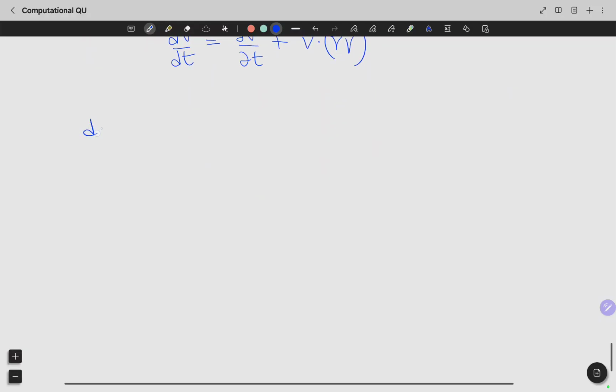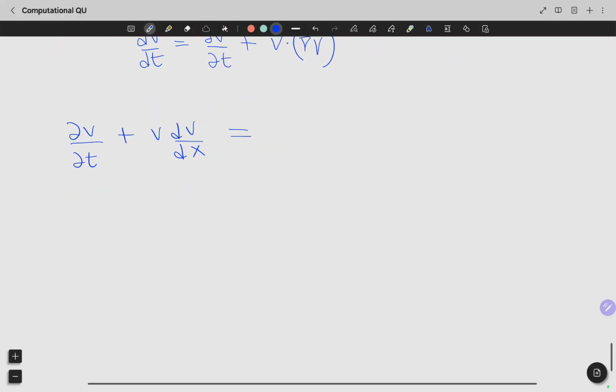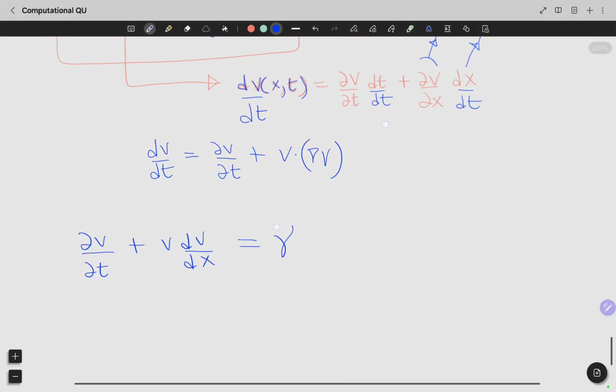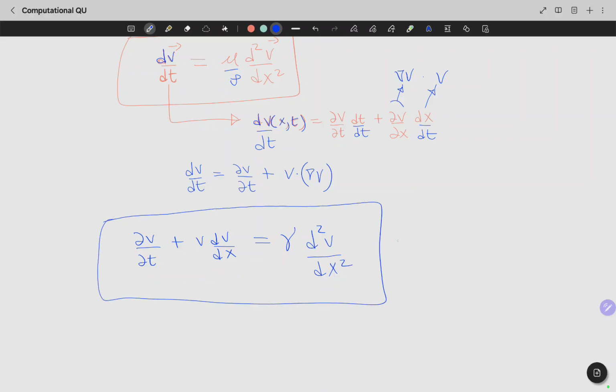So you have dv by dt plus v dot grad v, or you can say plus v dv by dx, because it's in 1D, equals gamma d squared v by dx squared. This is called Burger's equation.